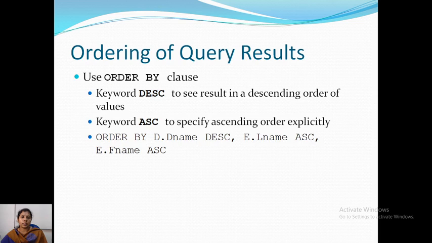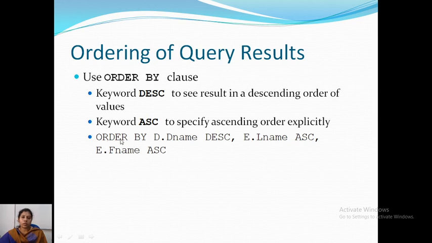Then comes ORDER BY. This is one of the clauses used along with the select. If you want to sort the attribute values, then you can use the ORDER BY clause. If you want to sort in descending order, you can use the keyword DESC, or if you want to sort in ascending order, you can use ASC. Here you can see how you can write the ORDER BY clause.